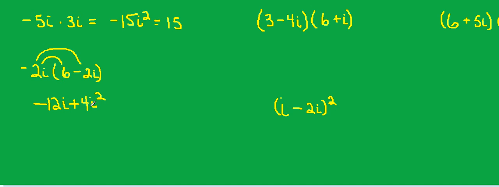Negative 1 times 4 is negative 4. So this is negative 12i, and this will become minus 4. And of course, written properly, it's going to be negative 4 minus 12i. Alright, so that's the answer for that guy.